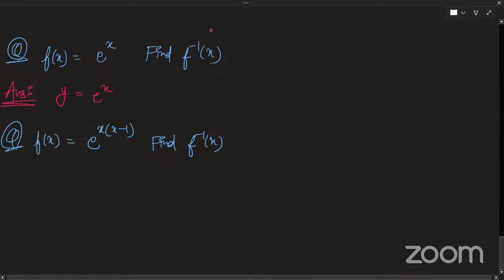So see, if y is equal to e raised to x, I will tell you to take natural logarithm on both sides.